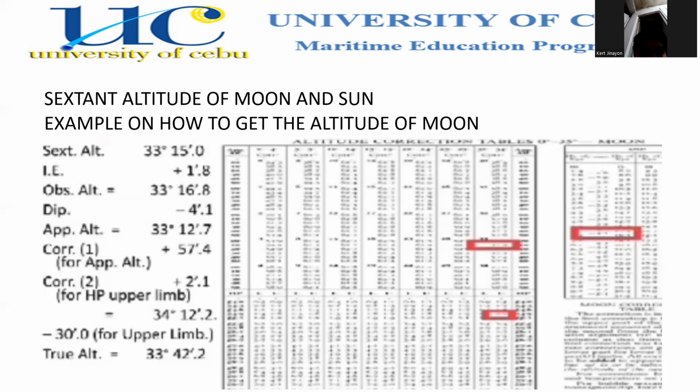For HP, upper limb is plus 2.1 minutes. The result would be 34 degrees 12.2 minutes, minus 30 minutes for upper limb. The true altitude now is 33 degrees 42.2 minutes. Next slide.